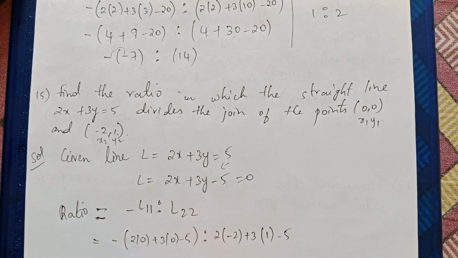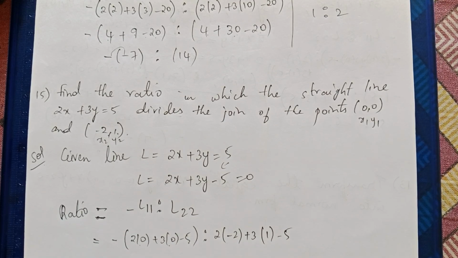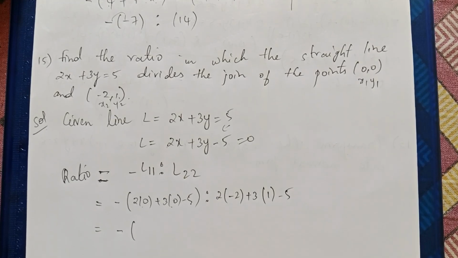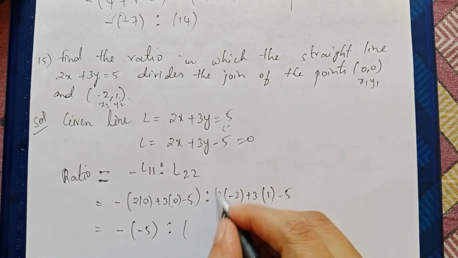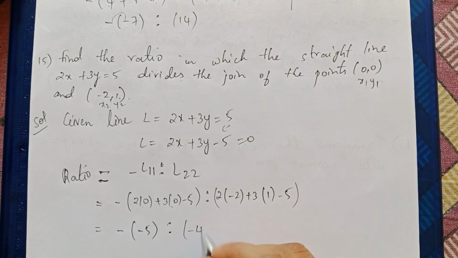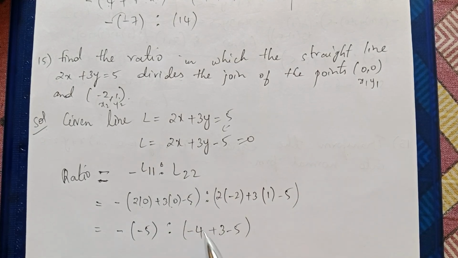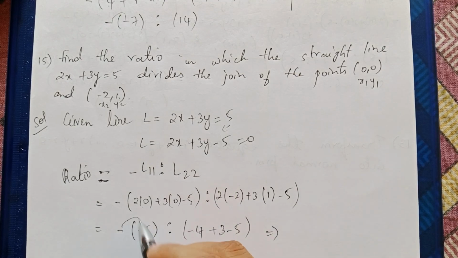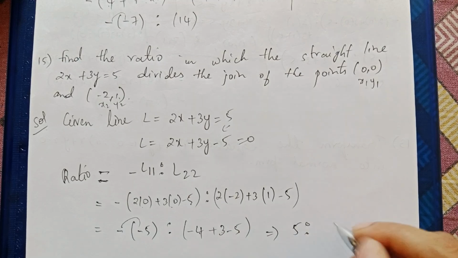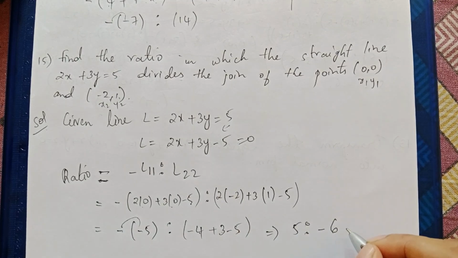So this is minus of 0 plus 0 minus 5, is to minus 4 plus 3 is minus 1, minus 5, so minus 6. Minus of minus becomes 5. So 5 is to minus 6.